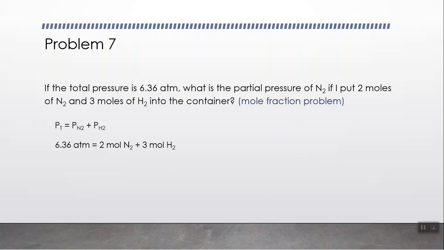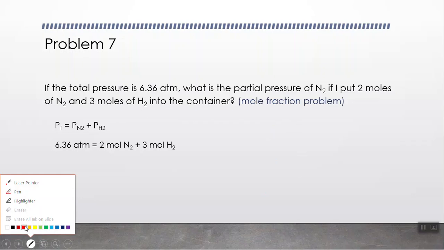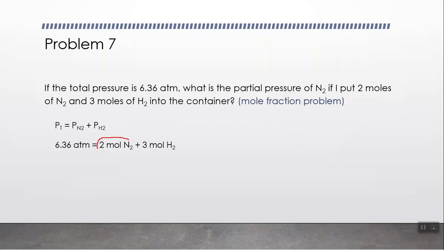But with this, you can't really solve anything. Is there a way we can convert two of these numbers into a fraction or even a percent? We can. From here, these two gases have a total of 5 moles.